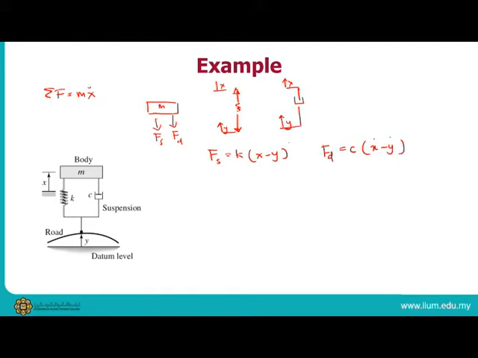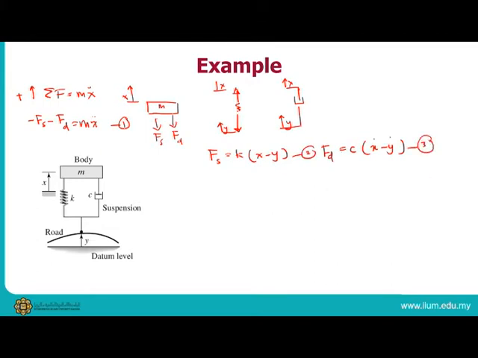So you insert both into this equation. But this one is not finished yet, because if you define x upward as positive, you can have minus fs minus fd equal to m x double dot. This is equation 1, this is equation 2, this is equation 3.